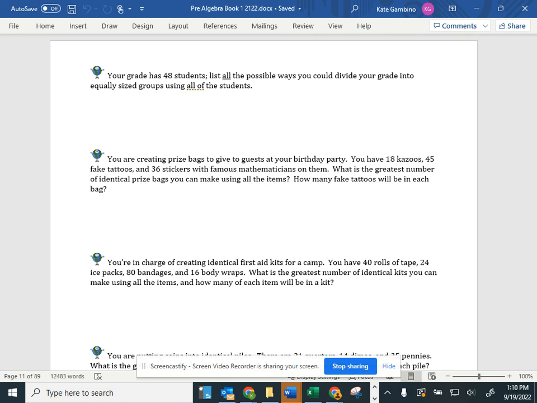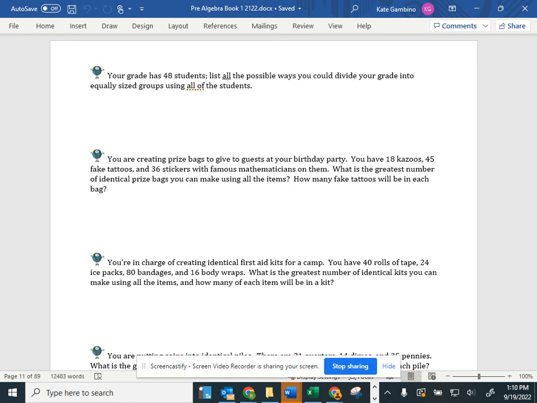Your grade has 48 students. List all the possible ways you could divide your grade into equally sized groups using all the students. Hint, factor buddies. Think about how many groups and how many go into those groups. So if you have a group of 3, you could have 16 in the group.